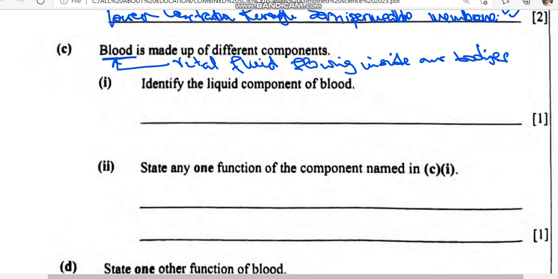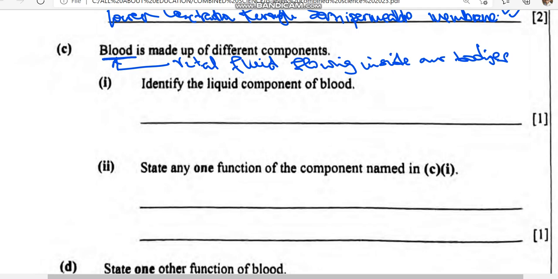This is the simple definition that I have for blood, the vital fluid flowing inside our body. So this question says blood is made up of different components.